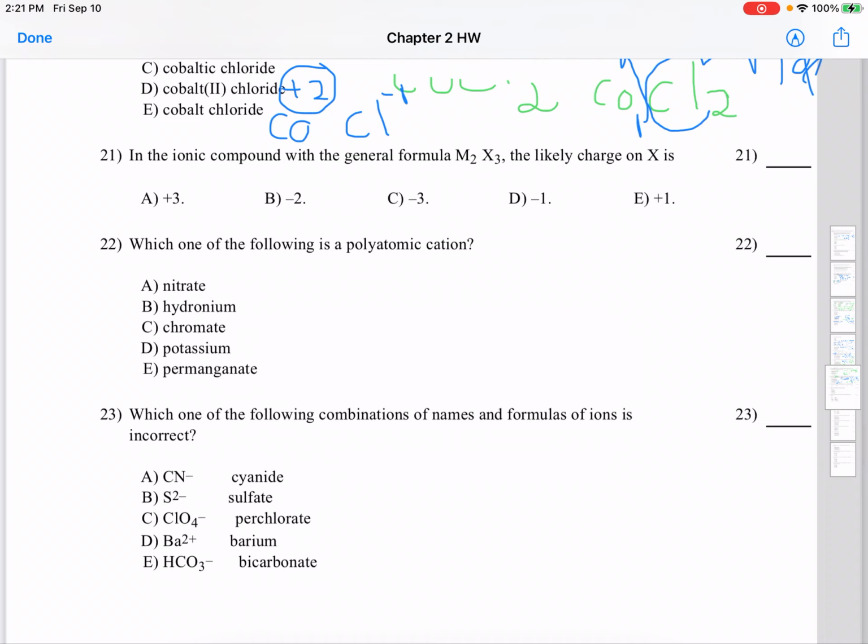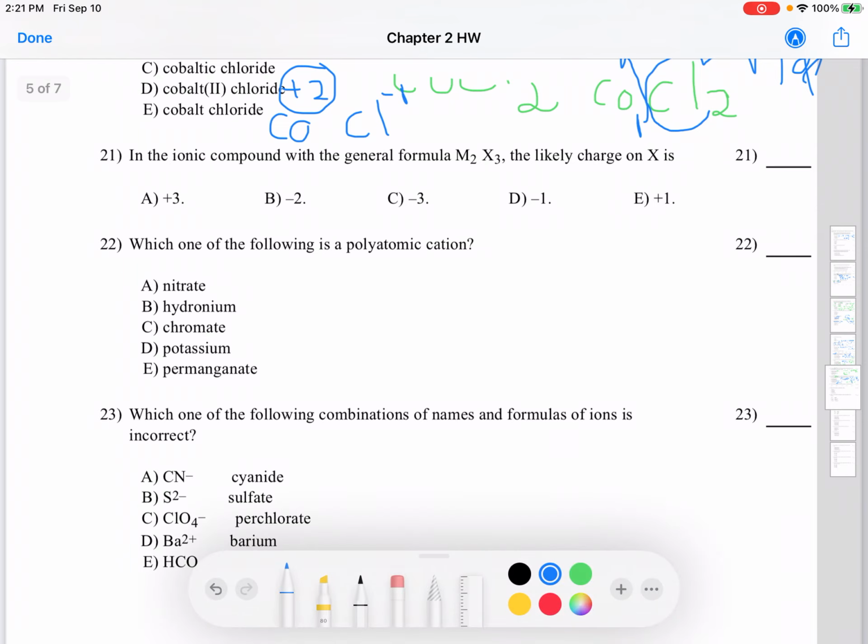In the ionic complex M2X3, the likely charge on X, same thing. You are given M2X3, so these are the number of atoms of each kind.